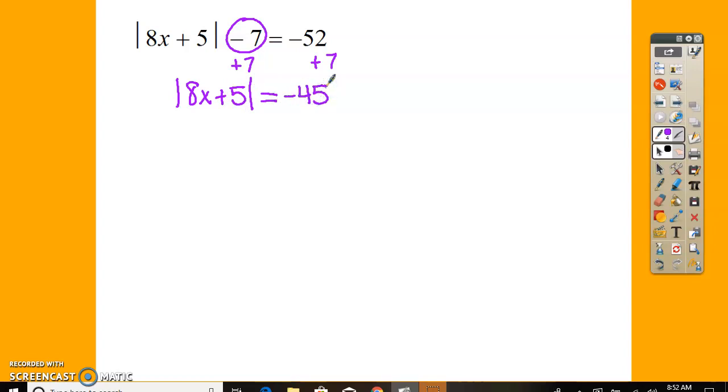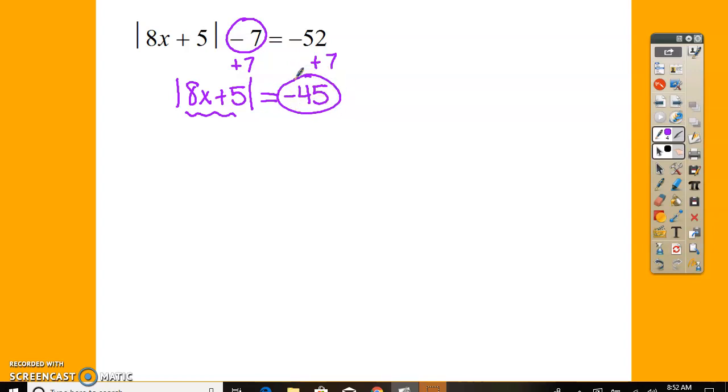-45. Now at this point, because the absolute value is isolated, this is where we would typically split into our two equations. However, we're saying that this absolute value, this 8x plus 5, has a distance of -45 from 0. Again, remember, that's not possible.